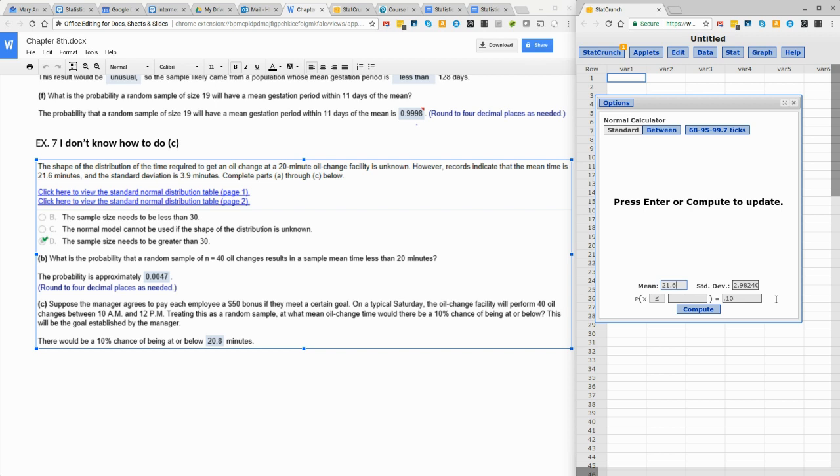And we need the standard deviation of the sample distribution. Since my sample size is 40, I'm just going to calculate that real quick. We're going to take the standard deviation of the underlying distribution and divide it by the square root of the sample size.